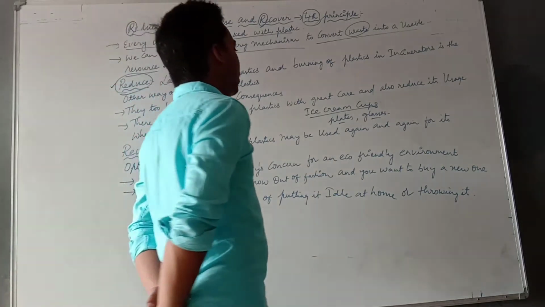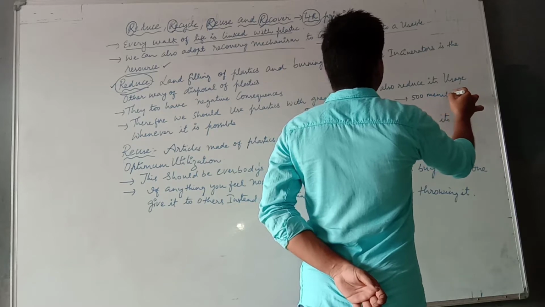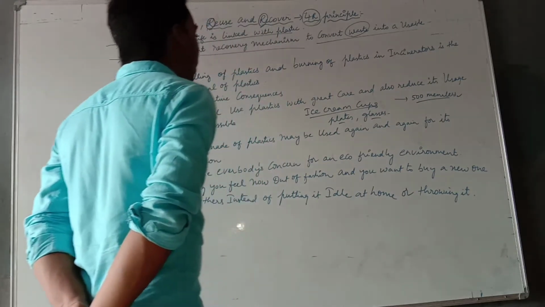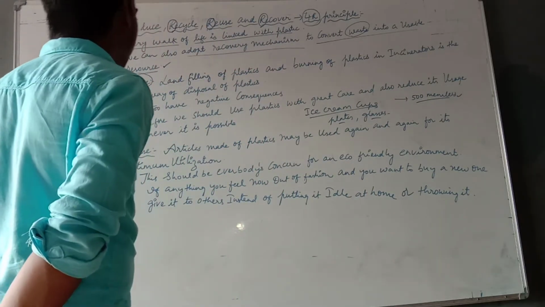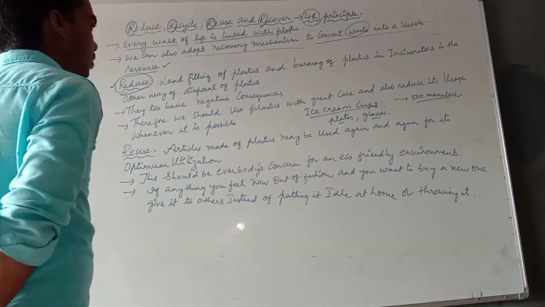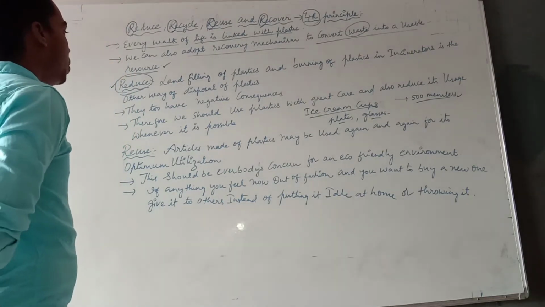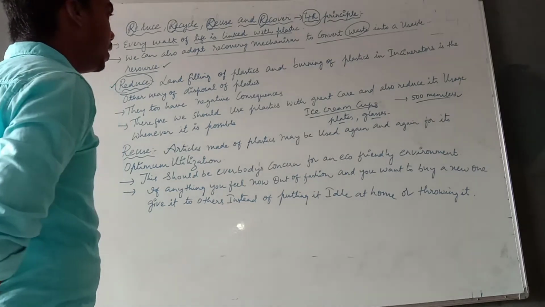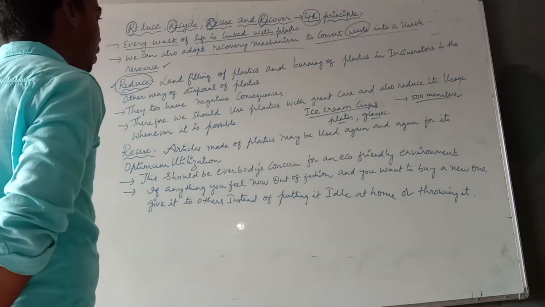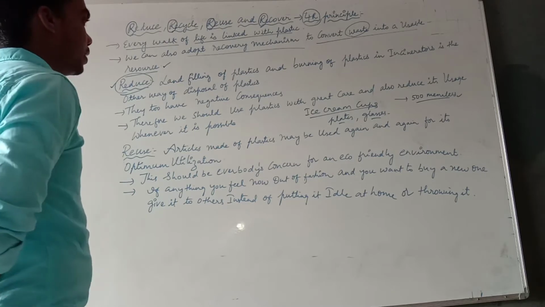Imagine if 500 members are attending a function: 500 plates, 500 cups, 500 glasses, all of these will be plastics. Entire food is available to you in the form of plastic plates. After the event finishes, the entire landfill is plastics.